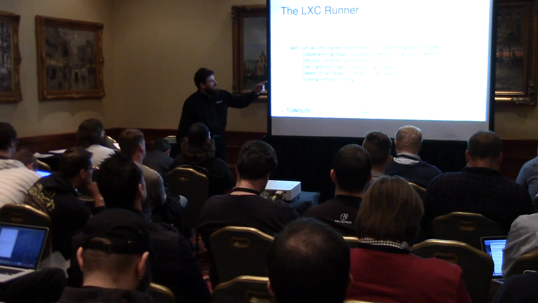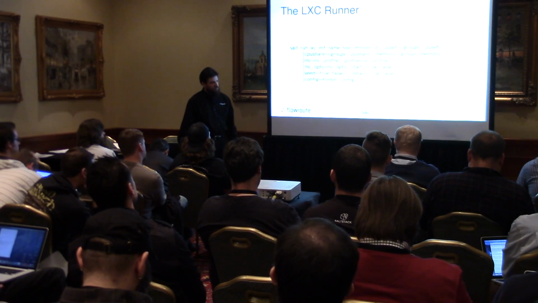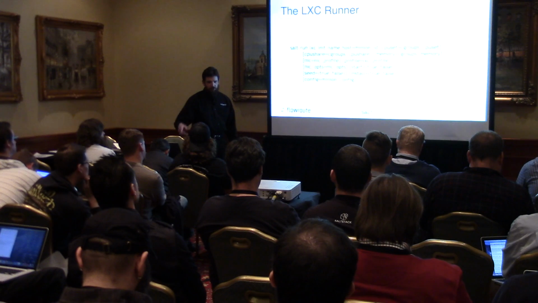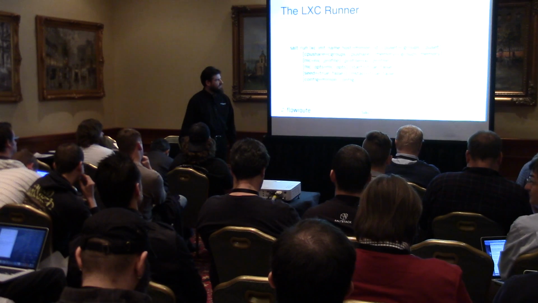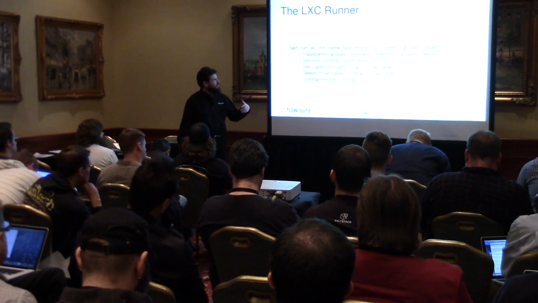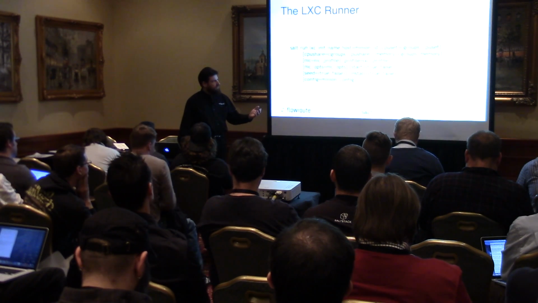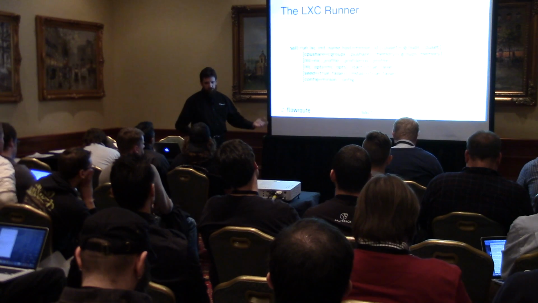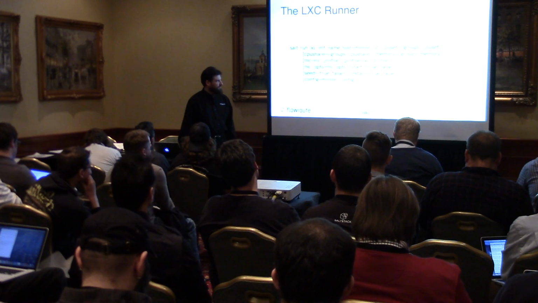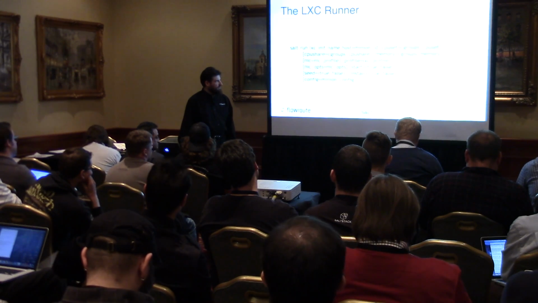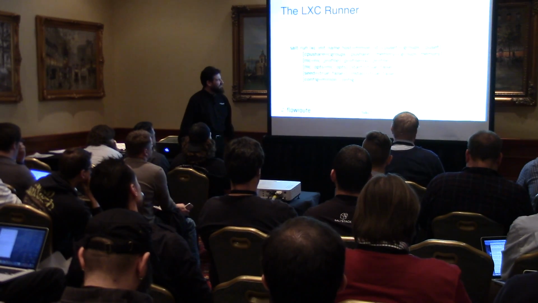But CPU set is actually a list of which CPUs on the system. So if you have 16 CPUs, you can do 1, 4, 8. There's nothing smart about it in the sense that LXC Runner is not keeping track of what other CPU sets are in use. So unless you're in a specific scenario, you'll probably create more headaches than you'll solve by using these settings. But they're there if you need them.